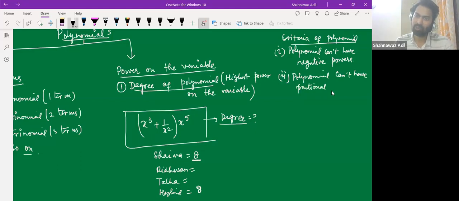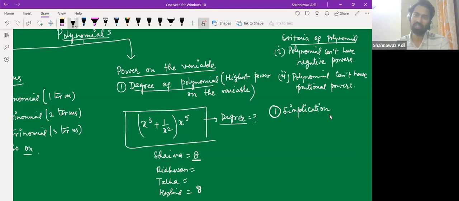So these were the properties of the polynomial, right? But I also told you guys that whenever we check a polynomial, the first thing we should do, in every equation, whether it is linear, quadratic, cubic, any kind of equation, is simplification.